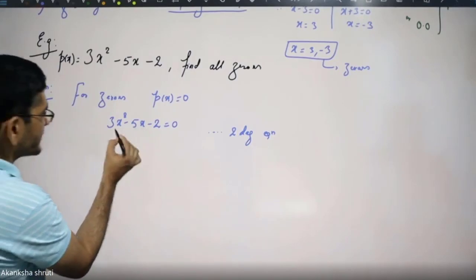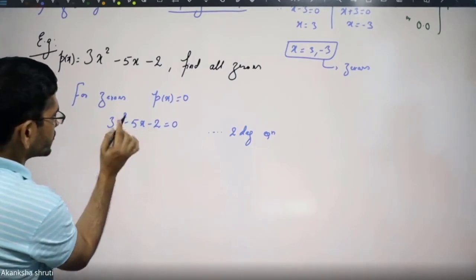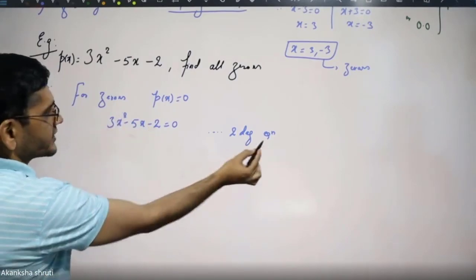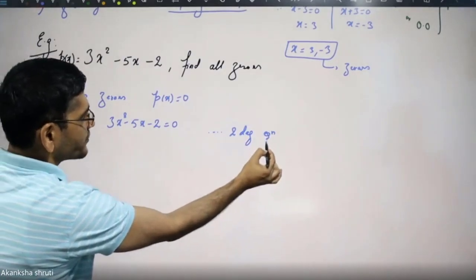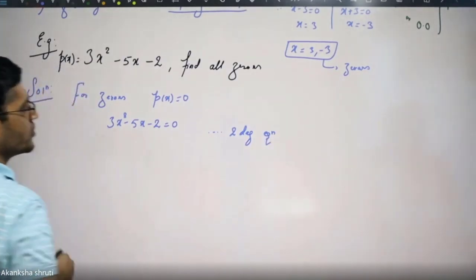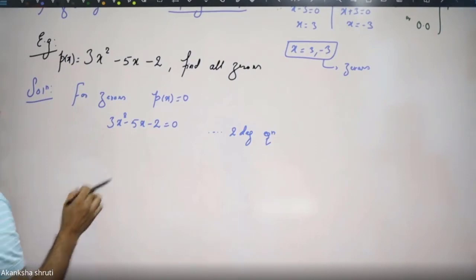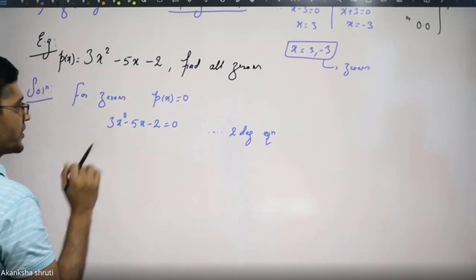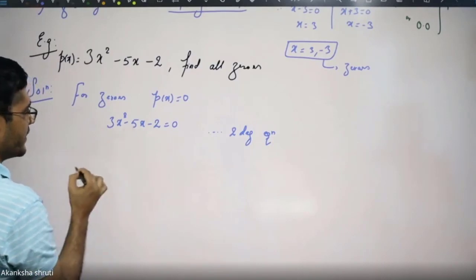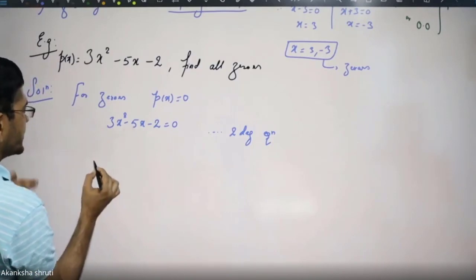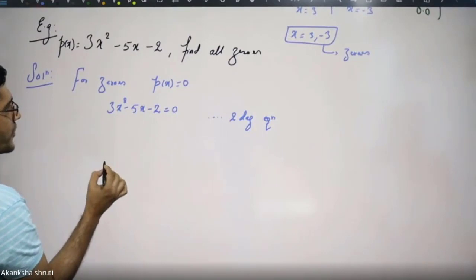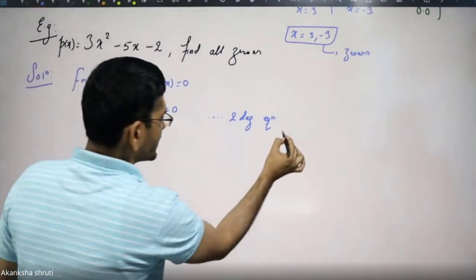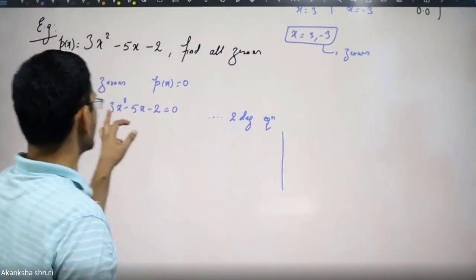Now, we want to convert this single 2-degree quadratic equation into the product of two 1-degree linear polynomials. This left part. What to do? For that, students, something we have to do on our side or in rough.